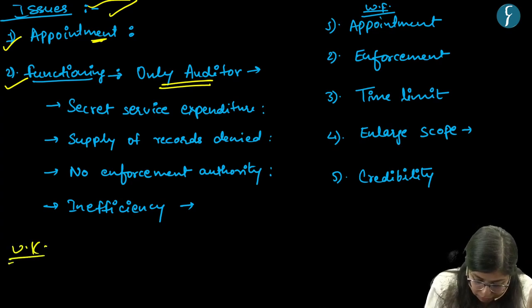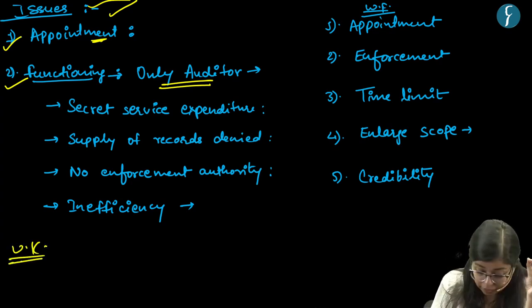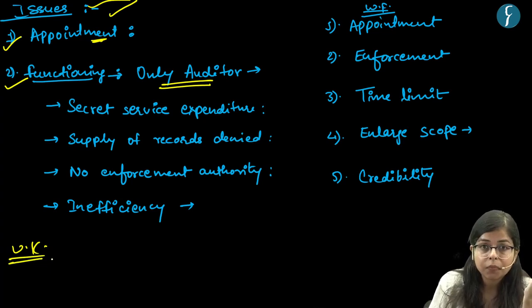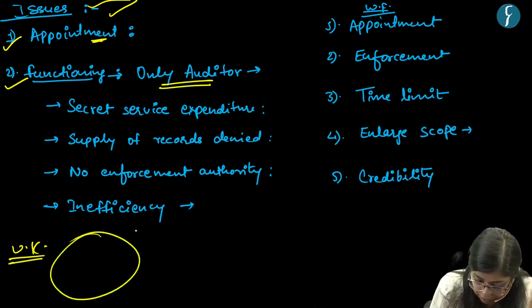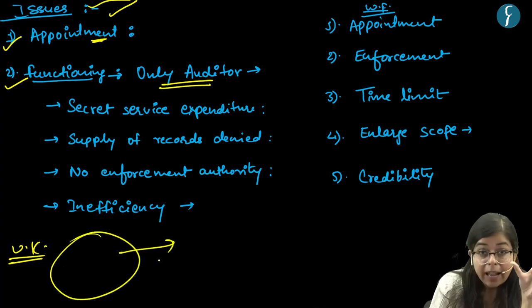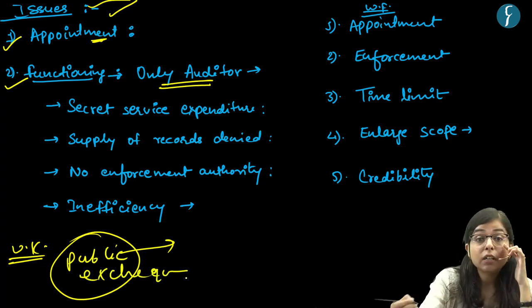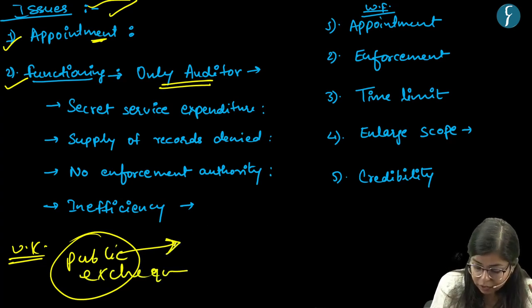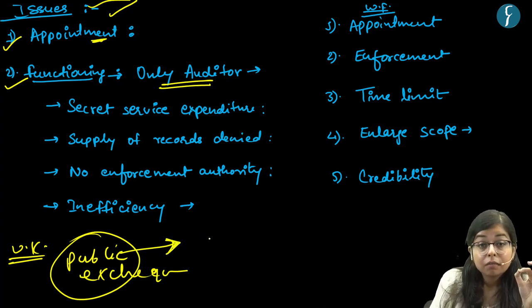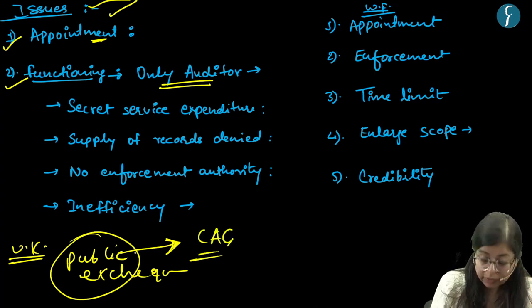If we compare the post of CAG of India to that of the UK: in the UK, before withdrawing any money from the public exchequer, say the Consolidated Fund or any public fund, prior permission has to be asked from the CAG of that country.